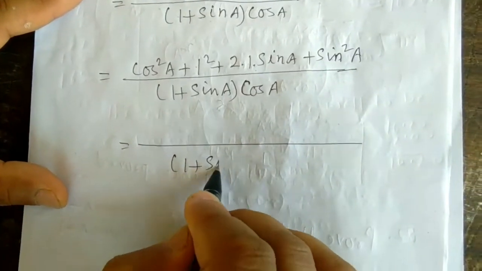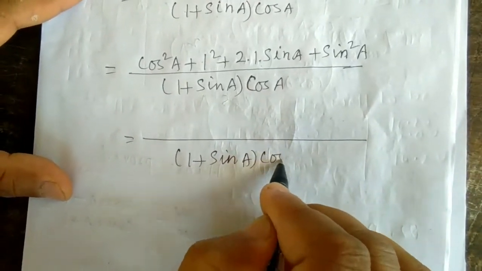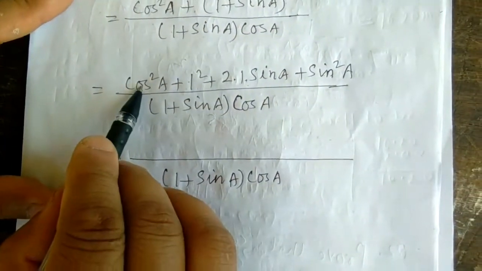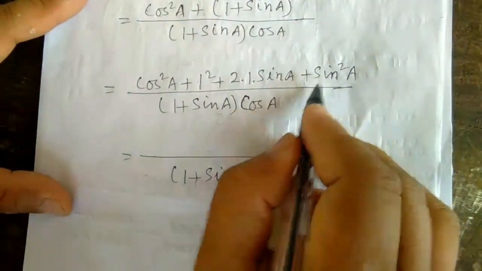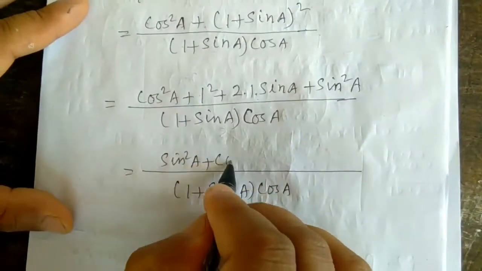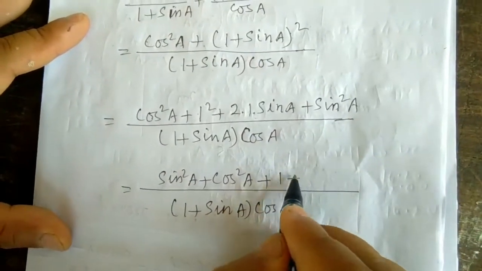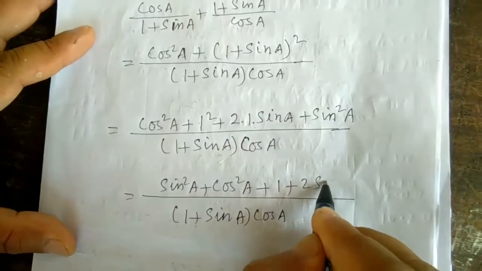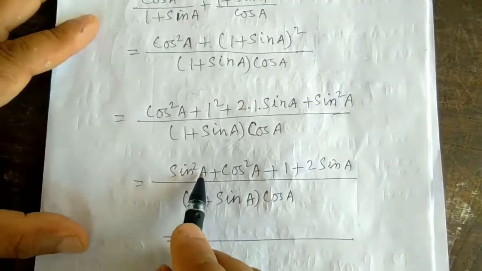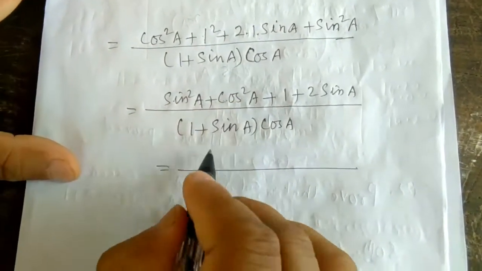1 plus sin A into cos A. Square, you arrange one side, cos square and sin square you arrange one side. So sin square A plus this cos square A, okay, plus 1 square means 1, plus 2 sin A. And we know that sin square theta plus cos square theta, here theta means A, equal to 1.